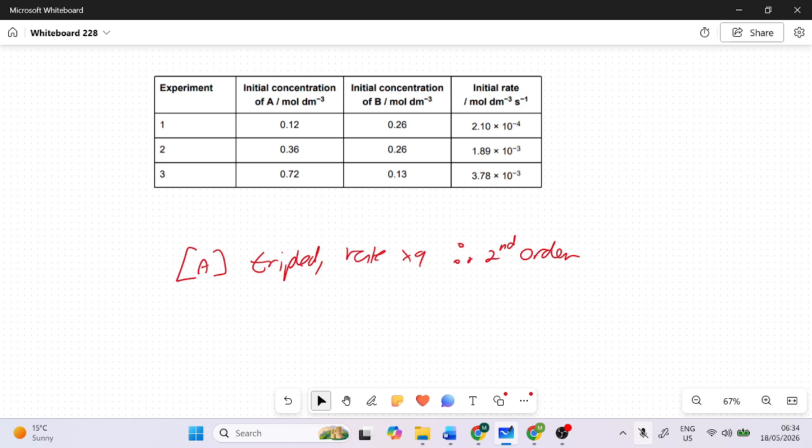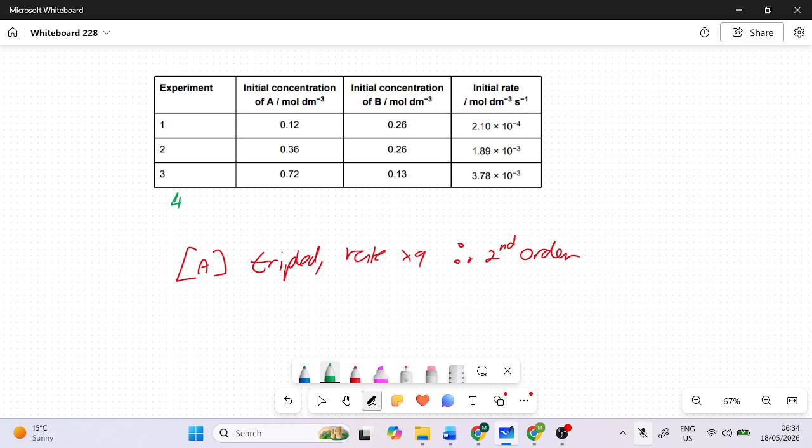What I do have is I know that for A, I will have a situation where I know how the rate will be changed. So I need to incorporate a fourth experiment.